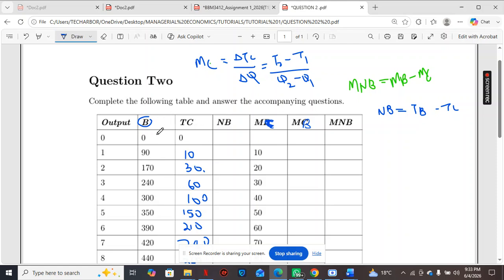So 0 minus 0, that will give 0. 90 minus 10, that will give us 80. 170 minus 30, that will give us 140. The net benefit is just the benefit you remain with after your costs have been deducted. This benefit can be revenue or any other things.